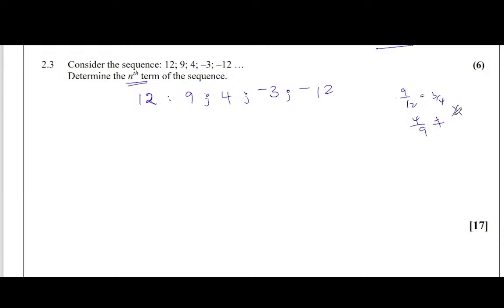So geometric is out. What if we tried arithmetic? We remember arithmetic must have the same constant difference. What is 9 minus 12? That's a -3. And then 4 minus 9, that's a -5. So still, it's not arithmetic.